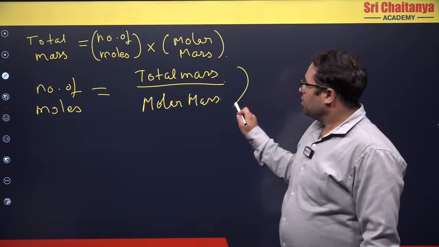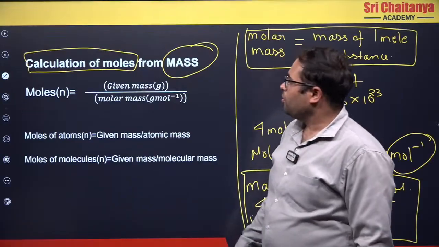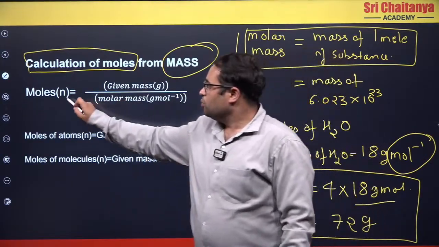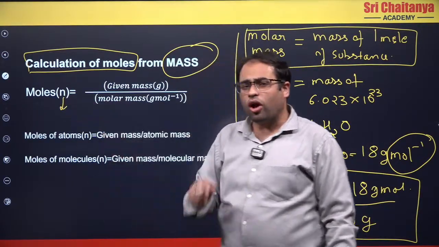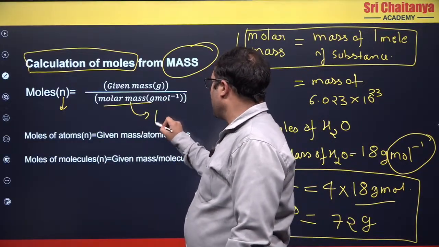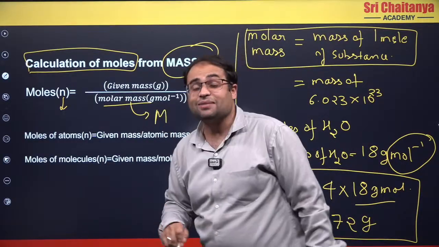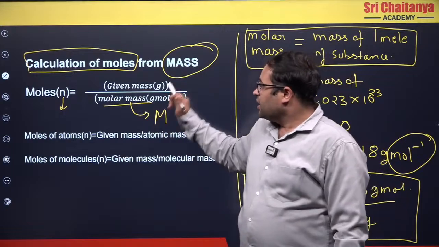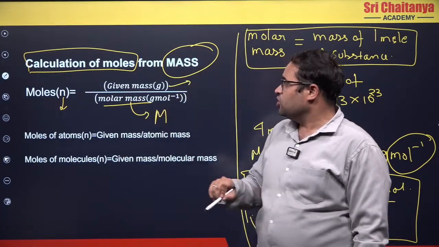Right? This formula is the same as this. So moles is represented by the small letter n, right? Molar mass is represented by a capital letter M, yes, right? And given mass is G.